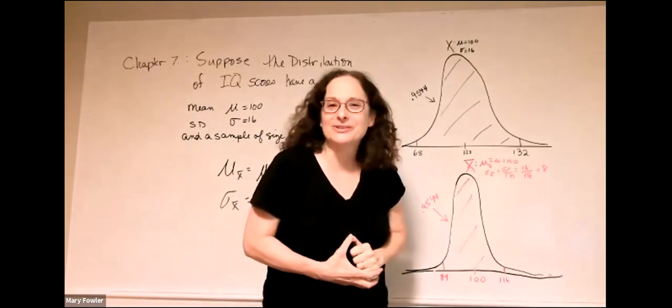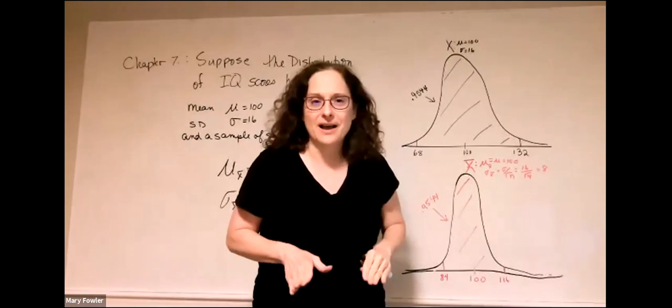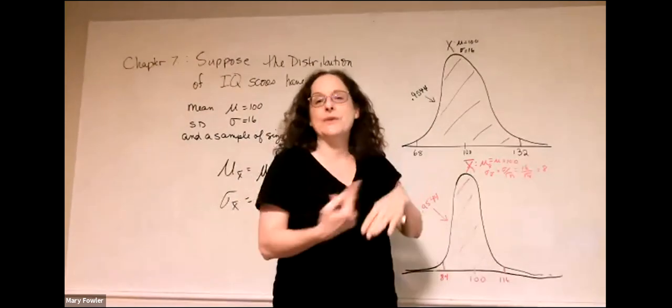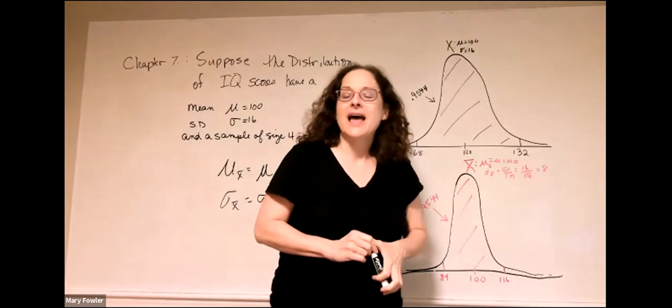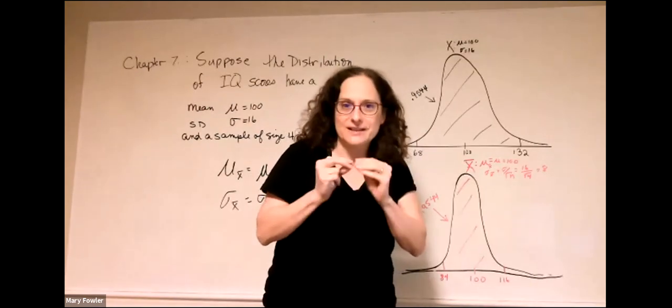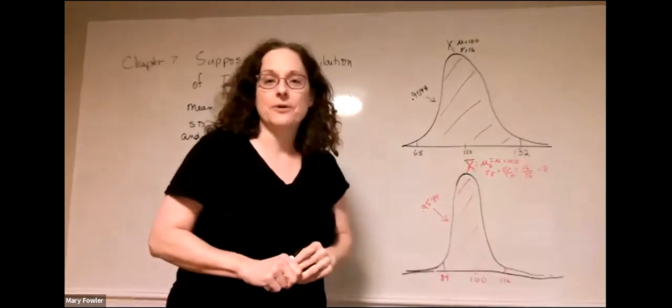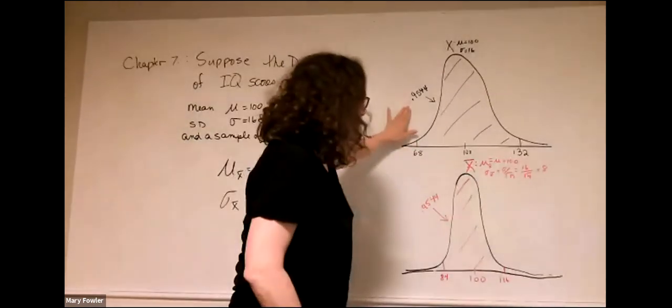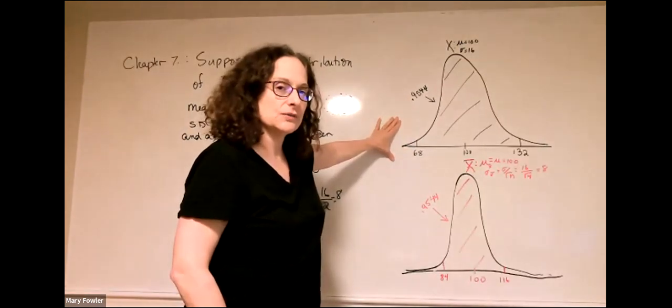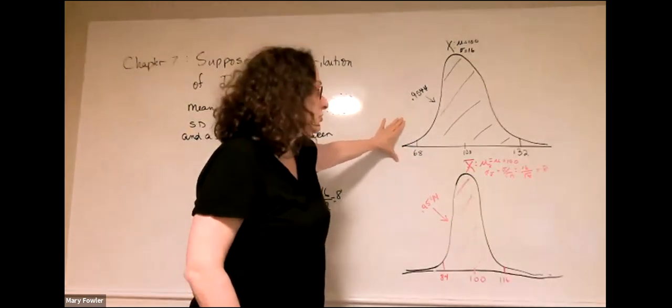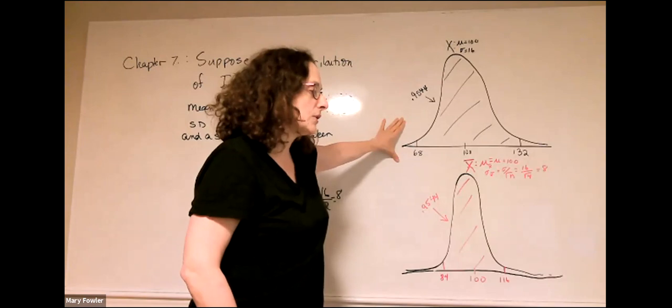According to the empirical rule, it was about 95%, but then we did this example in a previous video, and we determined that more exactly it was 0.9544. Okay, and so this is what that 2 standard deviation interval looks like for the distribution of IQ scores.